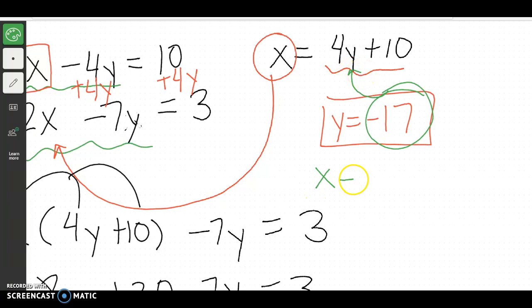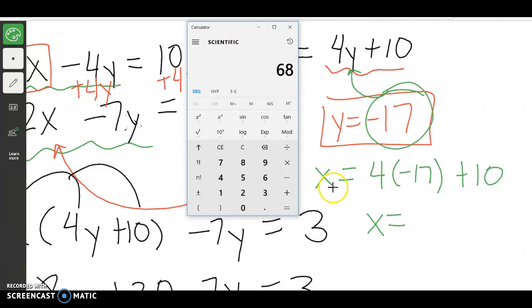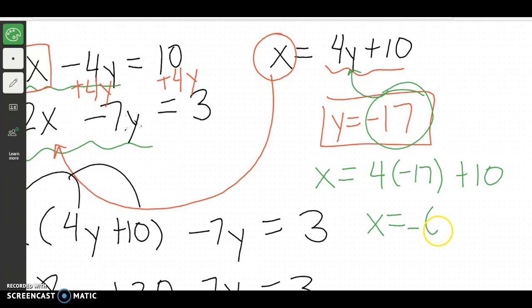That would give me that x is equal to 4 times negative 17 plus 10. So x would equal, well, I'm going to need a calculator for this. So 4 times 17 would be 68. But since it was a positive times a negative, it should be negative 68 plus 10, which should give me negative 58.